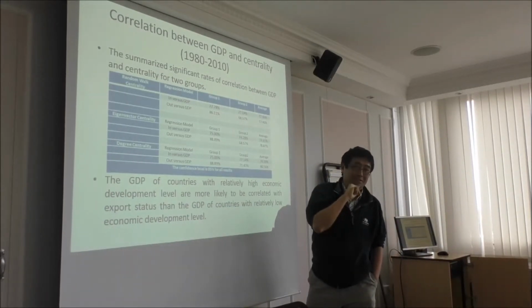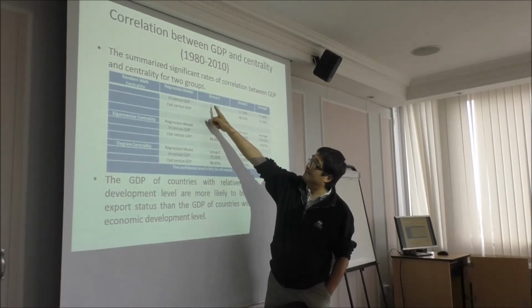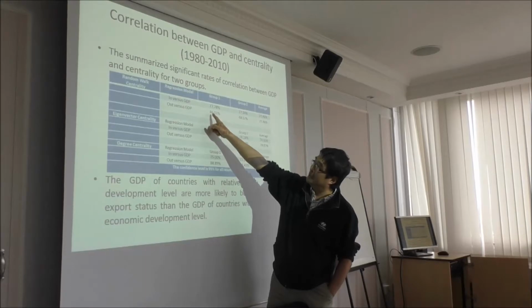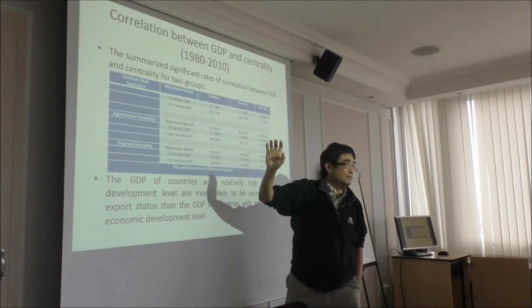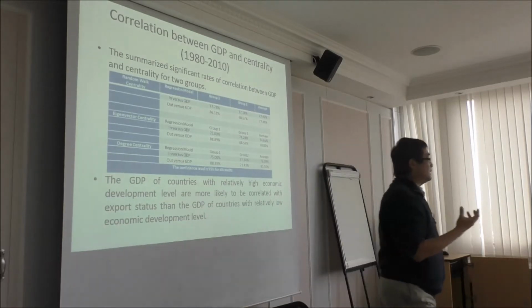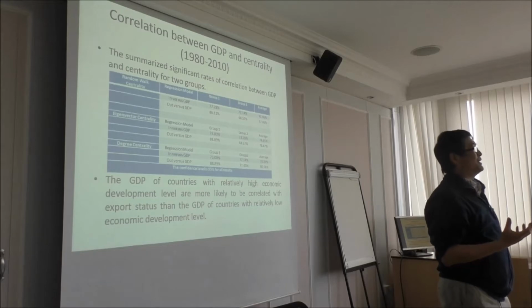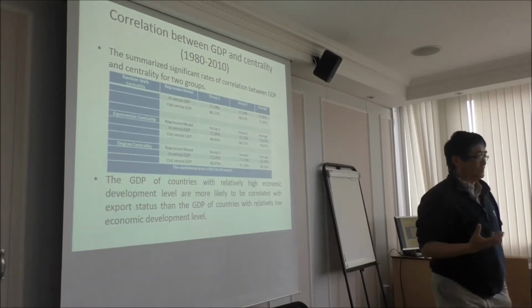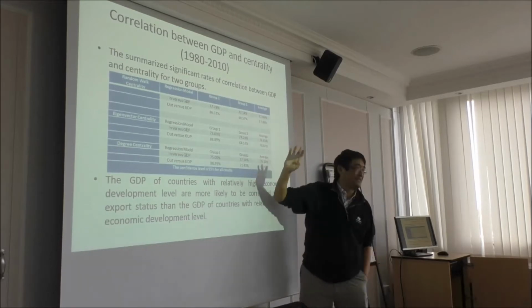What's the difference here? Well, for group 1 countries, in is 77 and out is 86. So therefore, they are more significant to out. That means relatively rich nations rely more on export. Whether the economy is developed or not relies on export, whereas for the developing countries, it's just the opposite.